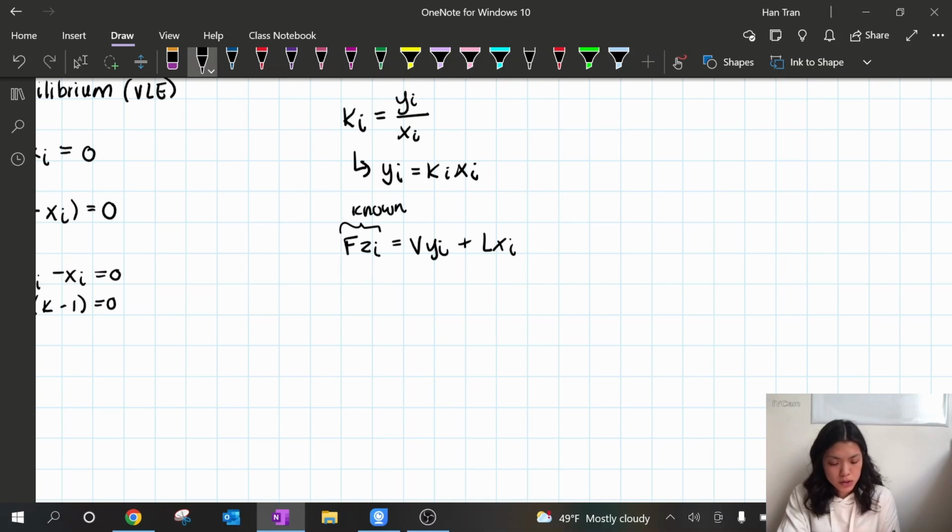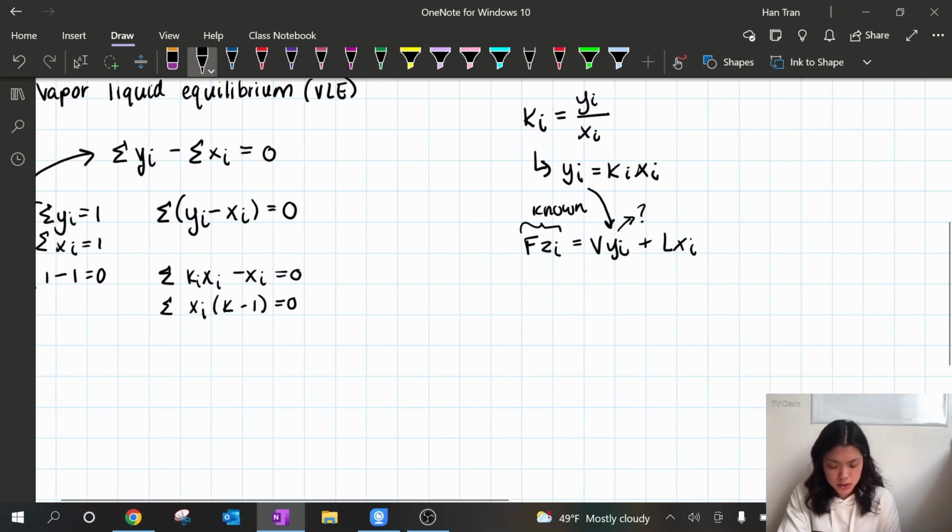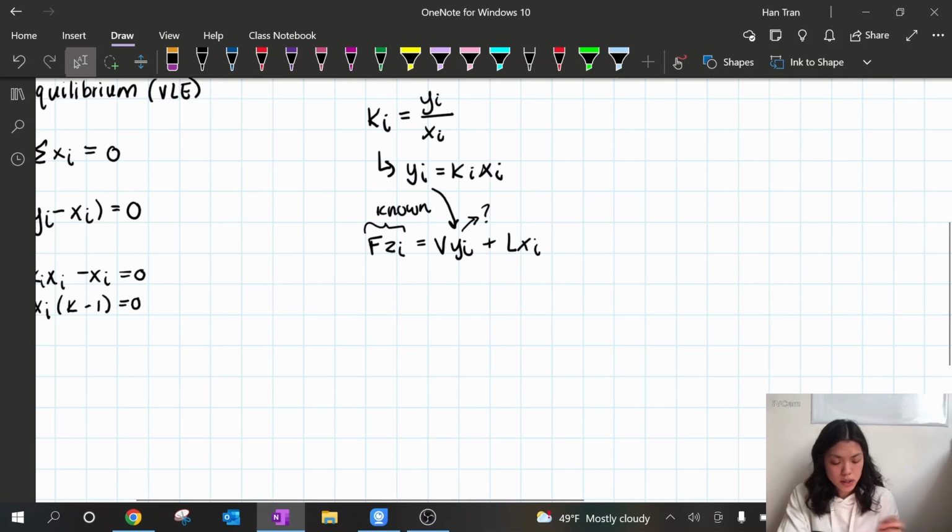Again, we don't know the liquid mole fraction, or the vapor mole fraction, but we have that up here that we can substitute in, which is how we substituted it on the left here. We can just do the same substitution.